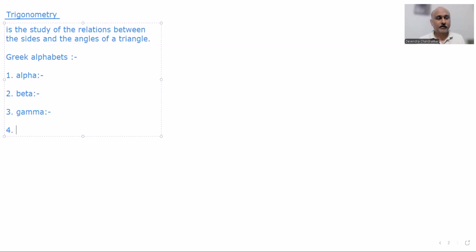Fourth is delta. And omega. These are a few of them. And let's write one more, phi. So these are some of the Greek alphabets.